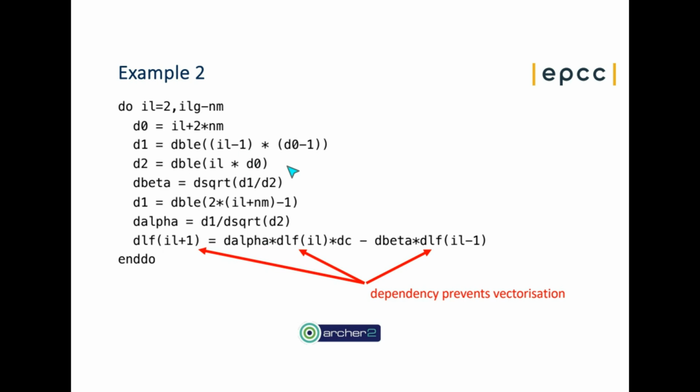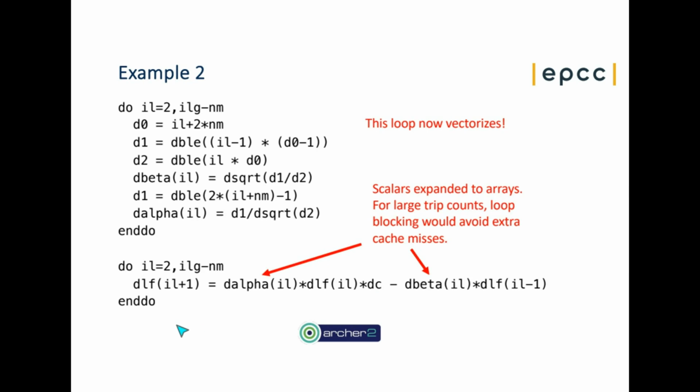But we might consider that what's really expensive in this loop is probably the divides and the square roots. They're quite expensive operations, and the array accesses, adds and multiplies in here are probably less important. So what we can do with this one is split it in two. To do that, we need to do a couple of these scalar promotion things.